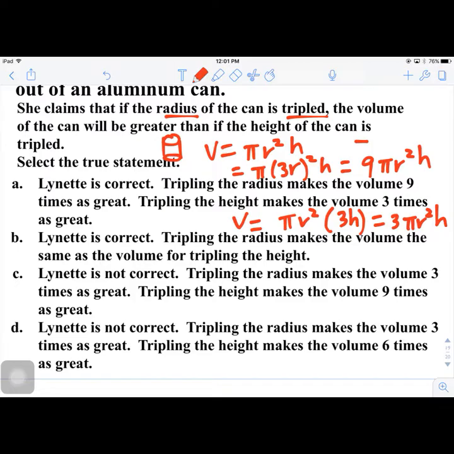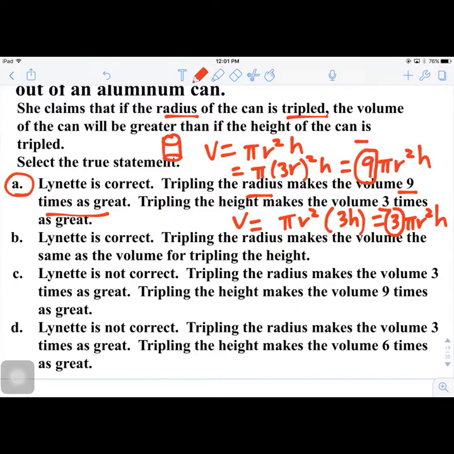So if you look at the answer choices, choice A, Lynette is correct. Tripling the radius makes the volume 9 times as great, and tripling the height makes the volume 3 times. So you notice that the first case, when we triple the radius, is 9 times as much, and the second one is only 3 times. So it looks like answer choice A is the correct answer.